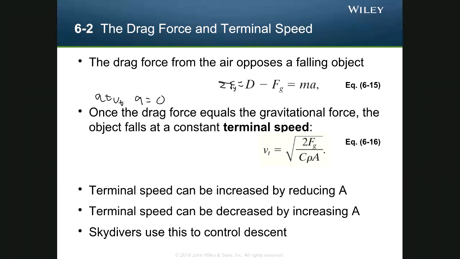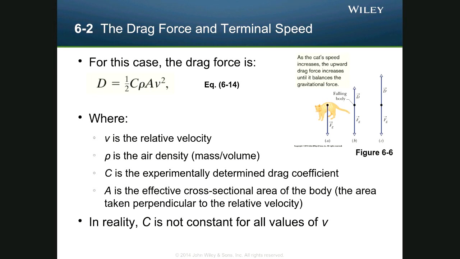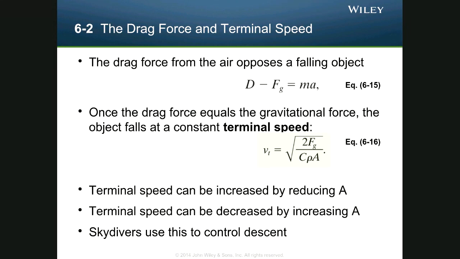Okay, once the drag force equals that, we can plug this in. I always have to look up, I do not have this equation memorized, and I don't plan on having it memorized, C rho A V squared. So we'll put 1/2 C rho A V squared minus mg.